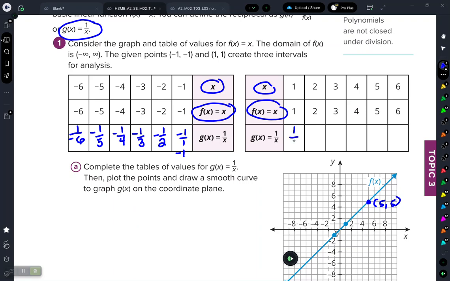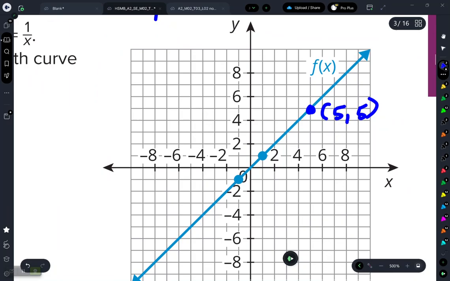Then 1 over 1, or just 1. 1 over 2, 1 over 3. Sorry, it's 1 over the number. 1 over 4, 1 over 5, and 1 over 6. These are tiny fractions. We're going to do the best we can to graph them. It's not going to be easy.